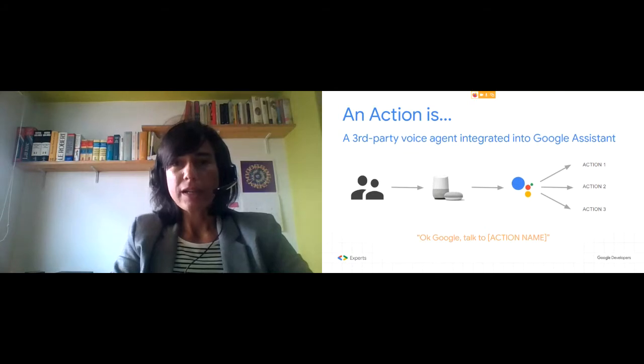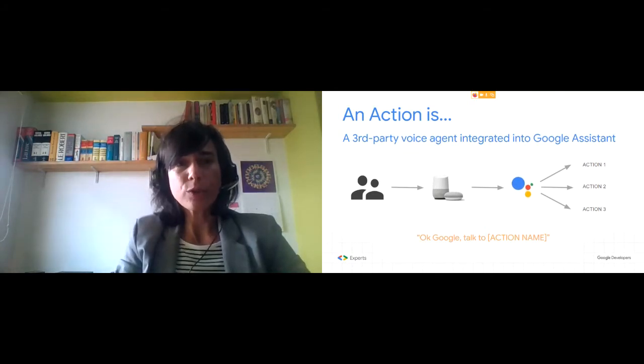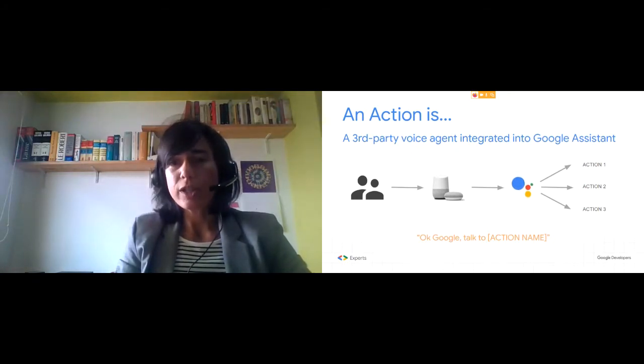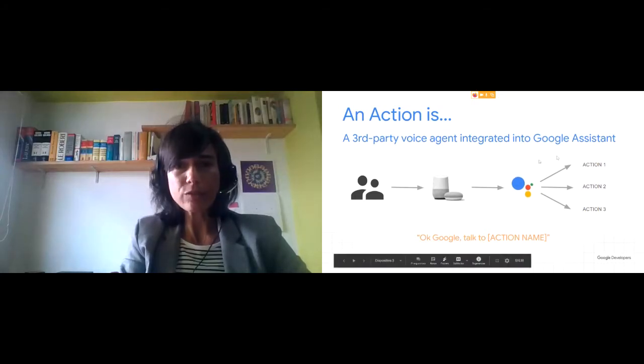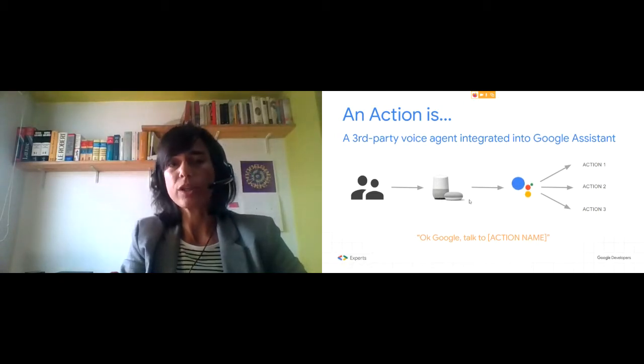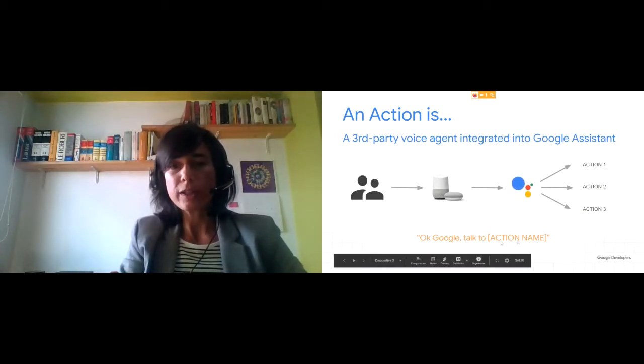Most of them have other third-party agents, and we can access those agents through these generalist assistants. In the case of Google Assistant, those third-party agents are called actions, and to access them, we just need to say, okay, Google, talk to, and the name of the action.